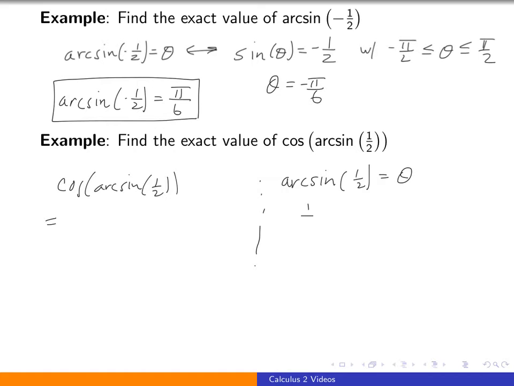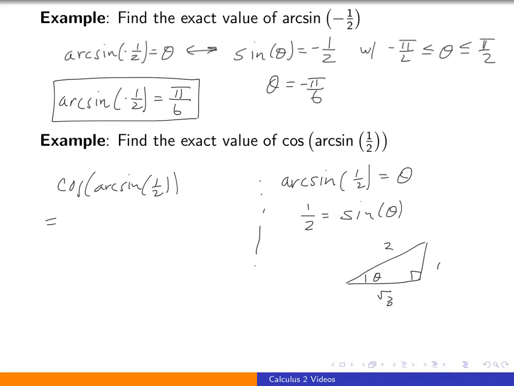So what this tells us is that 1/2 is equal to sine of theta, and I'm going to draw a right triangle corresponding to this statement. So we have our angle theta, right triangle, sine of theta is 1/2, so this remaining leg should be square root 3.